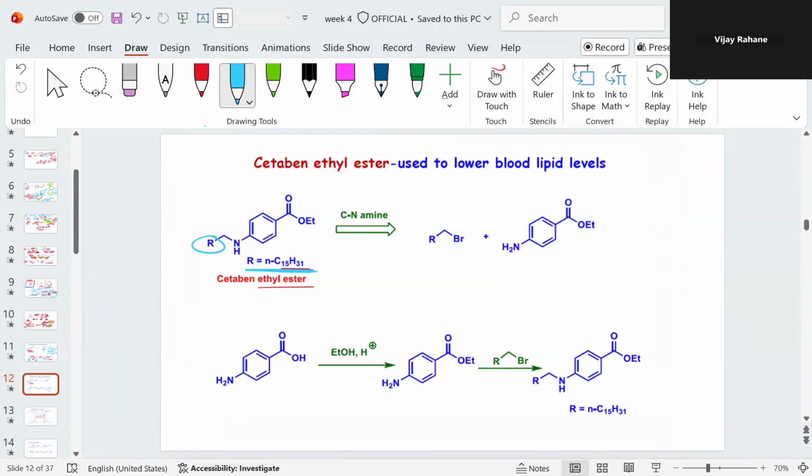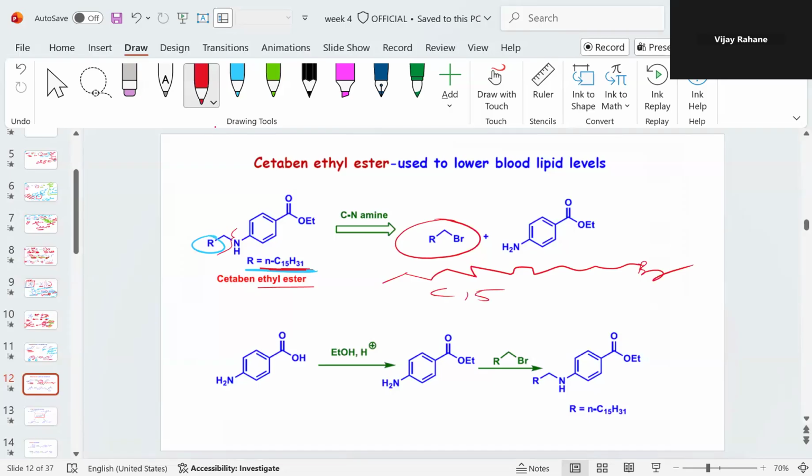If you look at how one can achieve this synthesis, the first step was the disconnection, and we can use this disconnection here from this R-Br. So we need to have such a long bromide. How many carbons will it have? It will be C15, so this is C15H31Br.